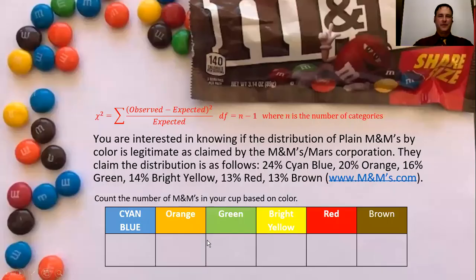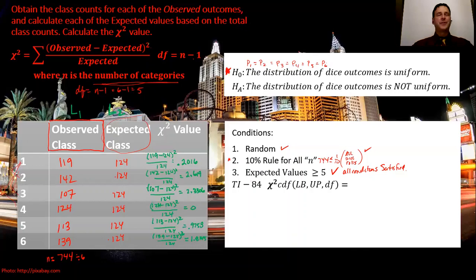Oops, too fast. So here's sometimes what books will ask or questions they'll ask. They'll say, hey, which outcome was most strongly represented in terms of our chi-squared? And so before we add these up, I'm gonna look at these and figure out which one had the largest value. It looks like, to me, the 3 was the outcome that was furthest away from what it should have been.